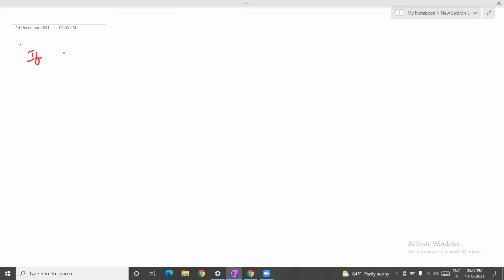If cot x plus tan x is equal to cosecant x, then find the general solution of x. Solve this question. I'm giving 3 to 4 minutes. Please solve this question.